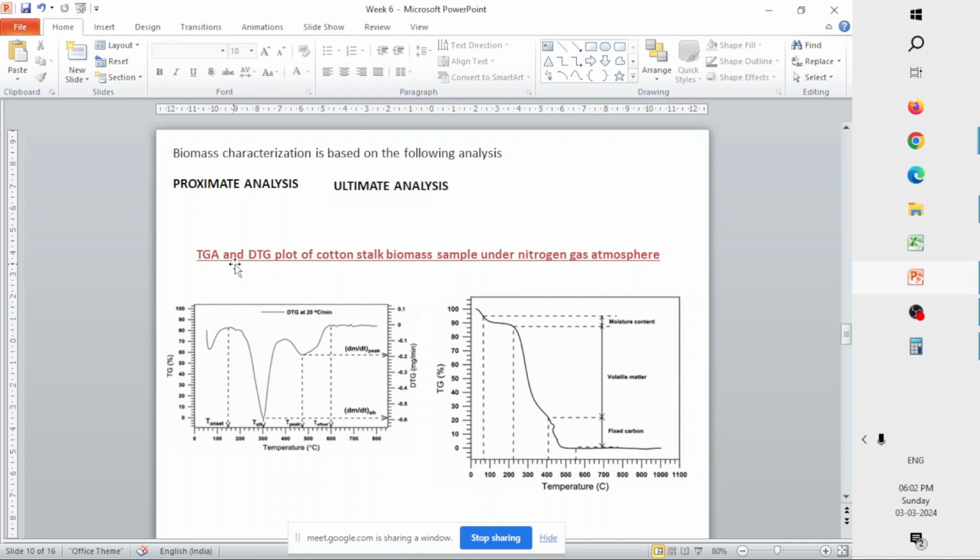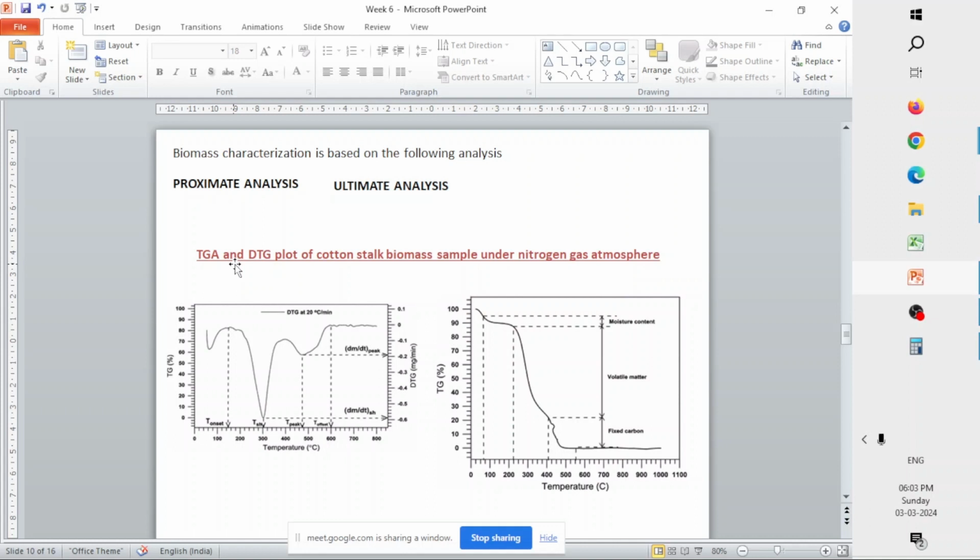You can classify biomass as primary feedstocks and secondary feedstocks, and then energy crops, which you can use either for burning or, as I said, for some other fuel production. So you have to characterize this biomass.